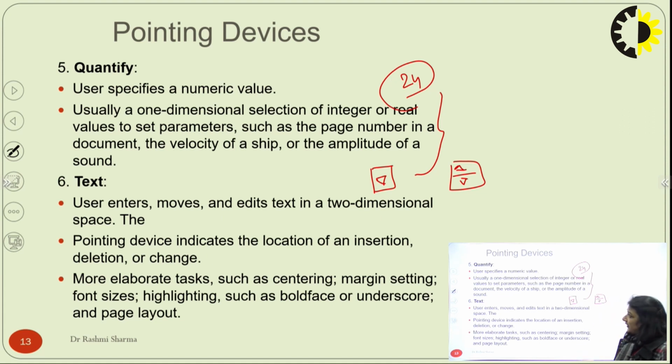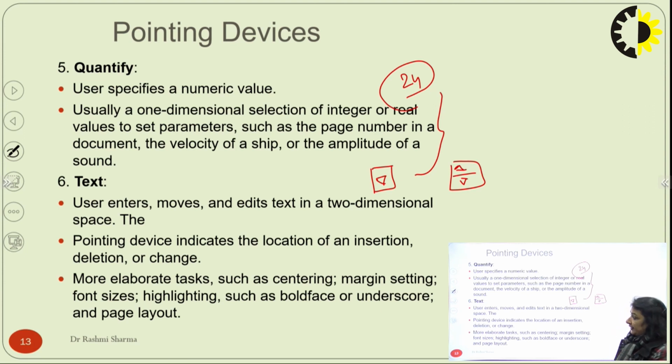So these are the things which we can quantify using our pointing devices, also by increasing the font size or font face or selecting some particular operations. Usually it is a one-dimensional selection of integer or real values of the set parameters, such as the page number in the document, velocity of the shape, amplitude of the sound, and so on and so forth.